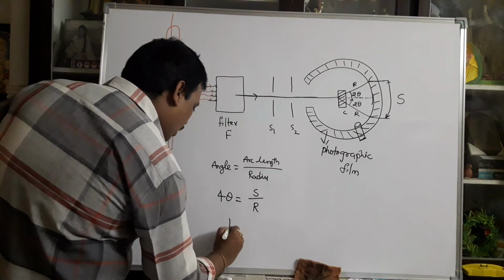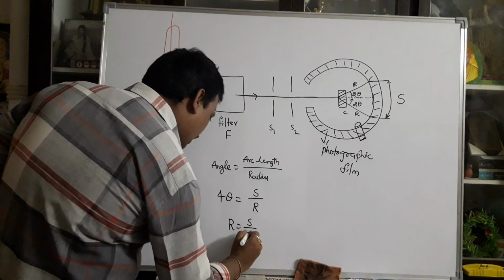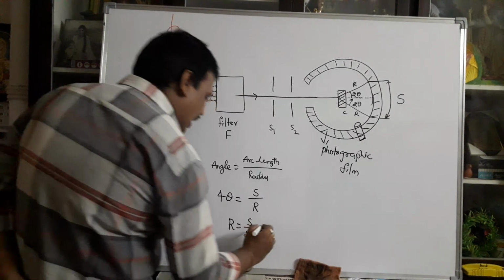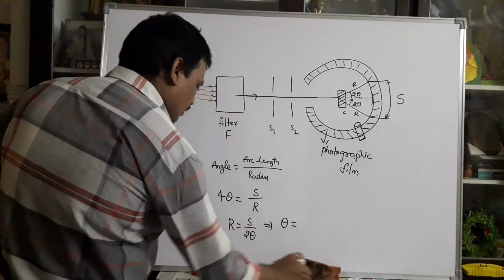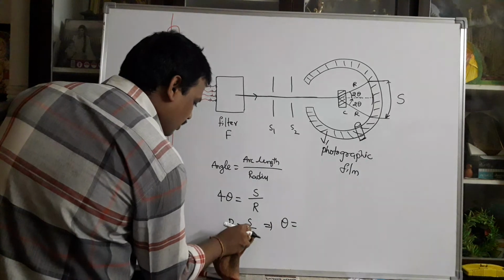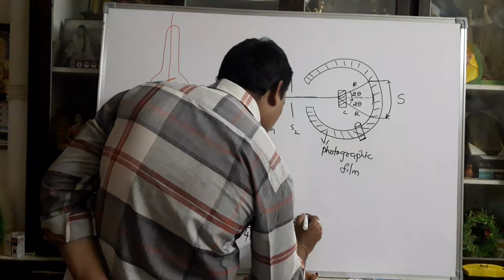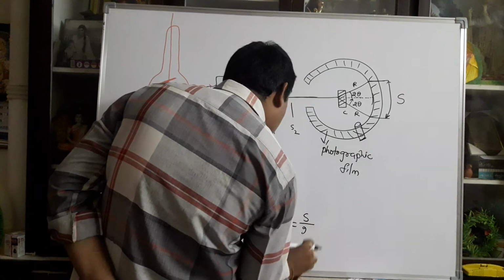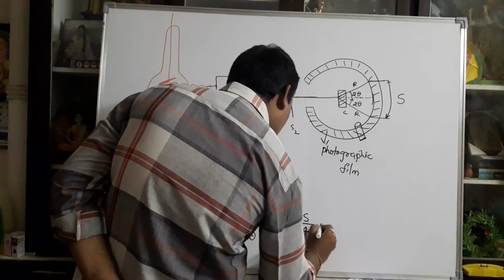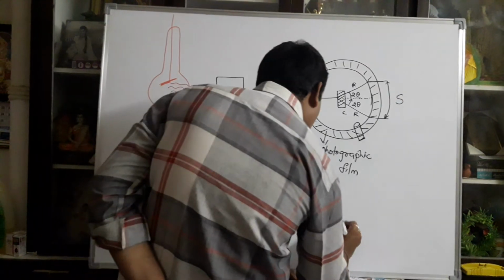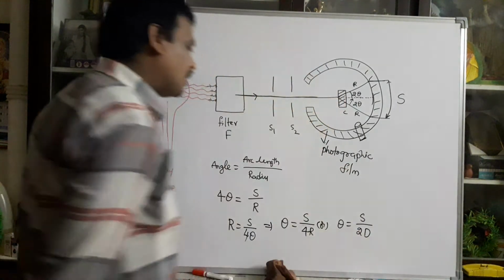Then the diffracted angle theta is equal to S by 4r. This is also written as theta is equal to arc length by 2 times the diameter capital D.